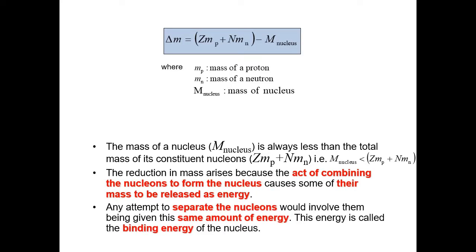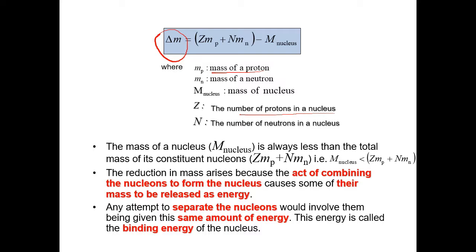Delta M refers to mass defect, Z is the number of protons in the nucleus times the mass of proton, plus N represents the number of neutrons in the nucleus times the mass of neutron, minus the mass of nucleus, or we use capital M nucleus.